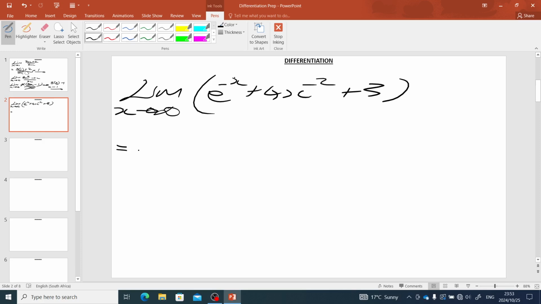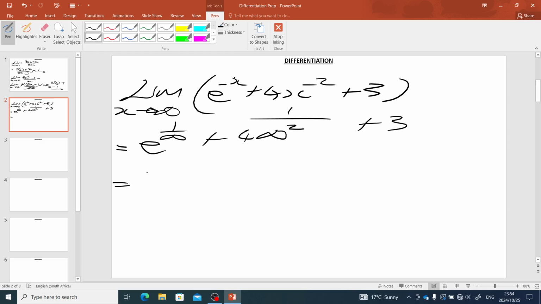When we do the direct substitution, we'll have e to the power 1 divided by infinity, plus 4 divided by infinity squared, then plus 3. We know that these will give us 0. It will be 0 plus 0 plus 3. Then our answer equals 3.